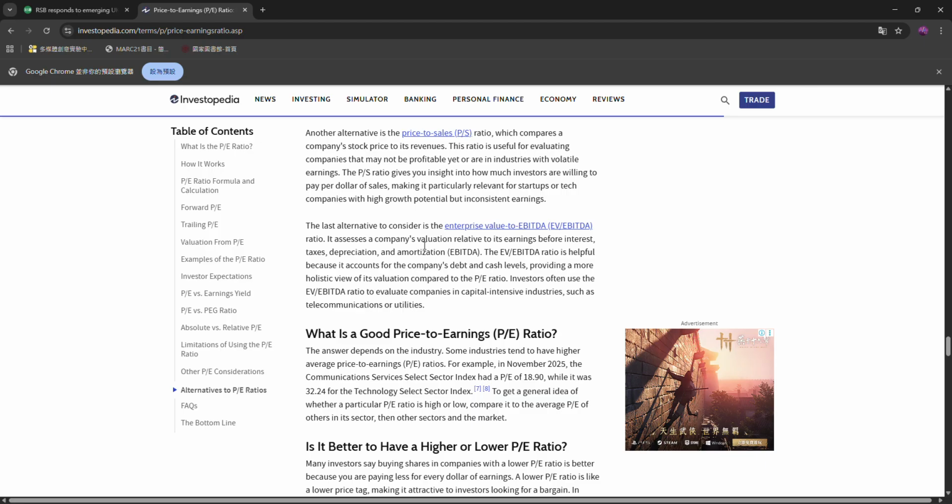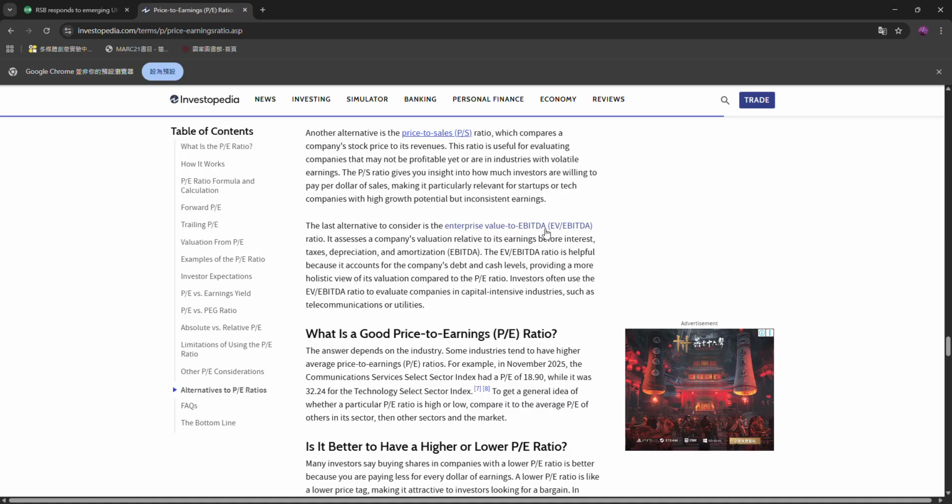The last alternative to consider is the enterprise value to EBITDA, or EV/EBITDA ratio. It assesses the company's valuation relative to its earnings before interest, taxes, depreciation, and amortization.